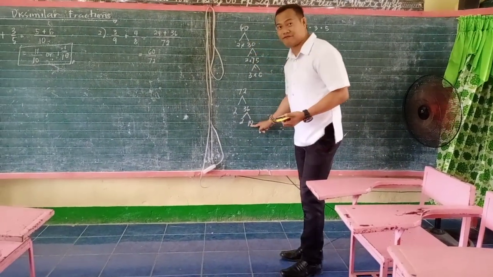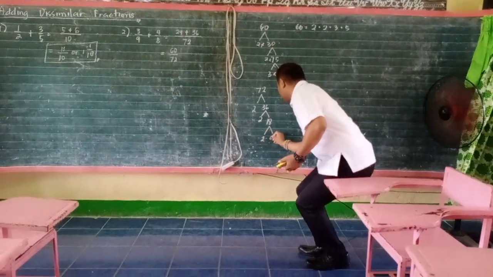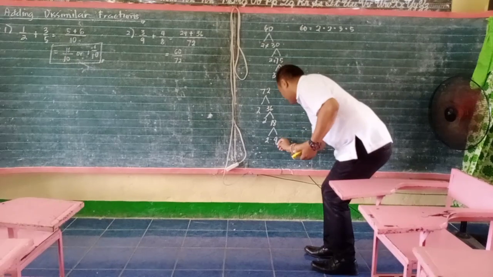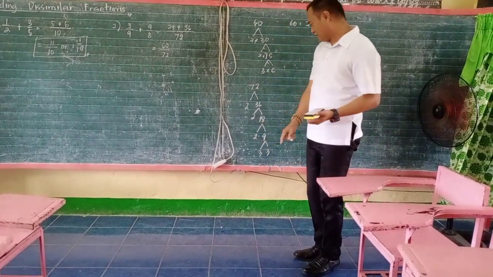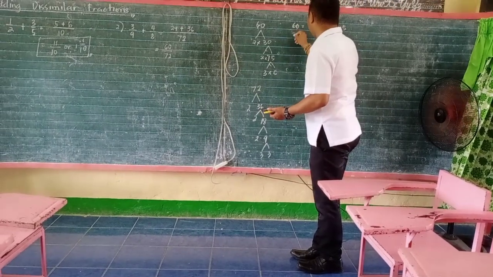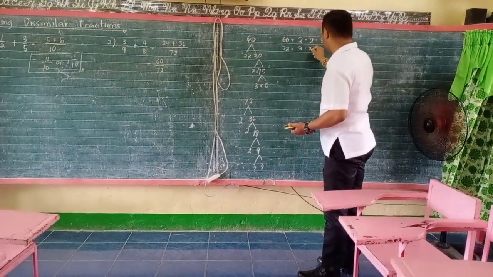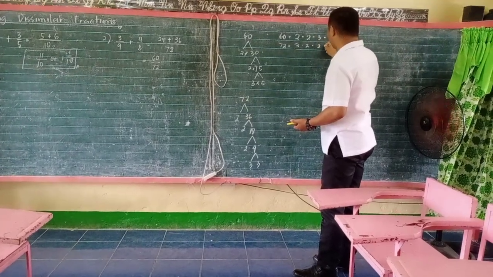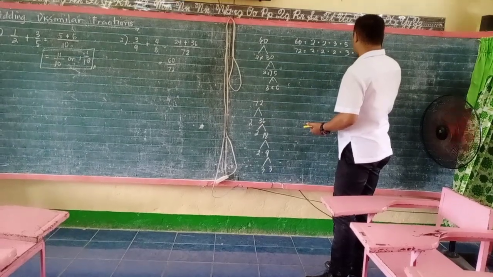Still we can get the prime factors of 18. We have 2 times 9. And the prime factors of 9 are 3 and 3. So the prime factors of 72 are 2 times 2 times 2 times 3 times 3.